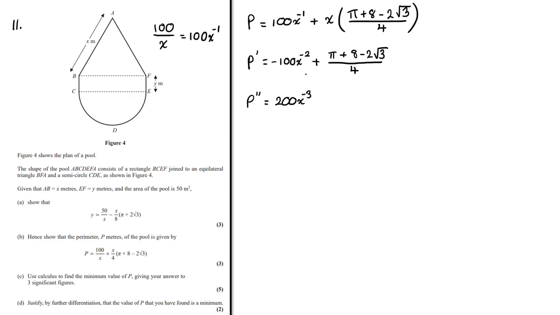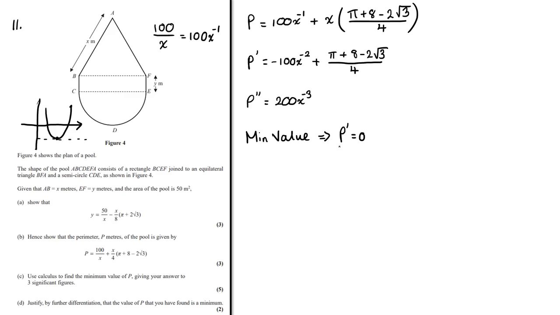Okay? So we want the minimum value of p. So for the minimum value, remember that we set the first derivative, p prime, equal to 0. If you think of a really basic example of just a quadratic, the minimum value occurs when the first derivative, the gradient, is equal to 0.